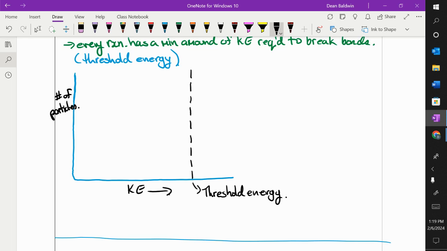At any temperature, you will have a certain amount of molecules. They'll all have different amounts of kinetic energy. So there's this distribution like that. So this is a distribution graph of the number of molecules and their kinetic energy. The most number of molecules are sort of in the middle here.